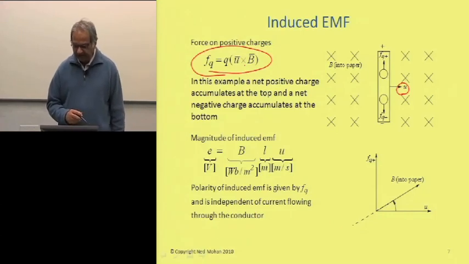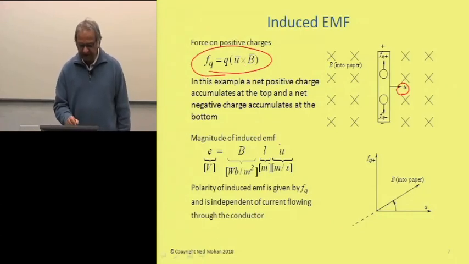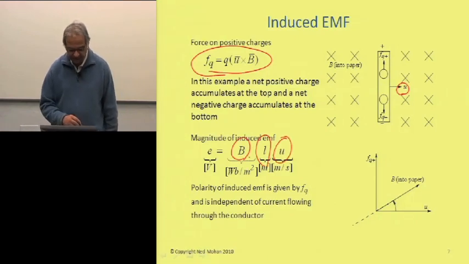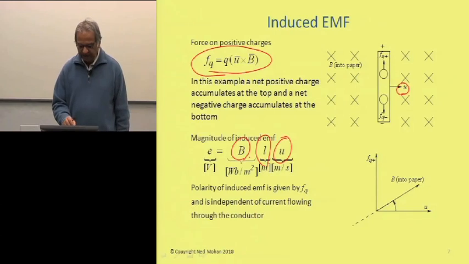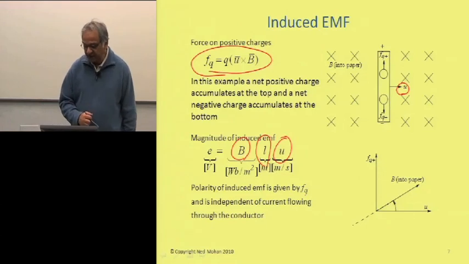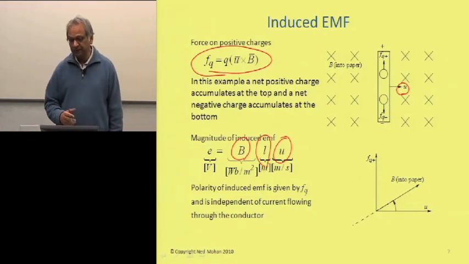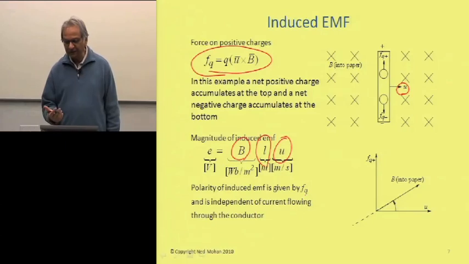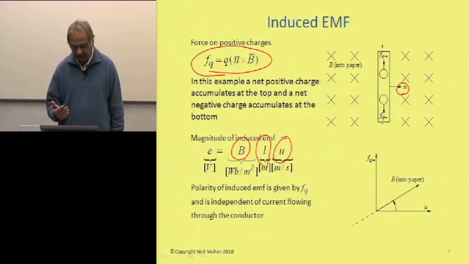Then you can see that the magnitude of this induced EMF would be B times the length of the conductor times u. And these are all in MKS units. The polarity of the induced EMF is given by the force on the charge Q. And this polarity of induced EMF would be independent of whether any current is flowing through this conductor or not.